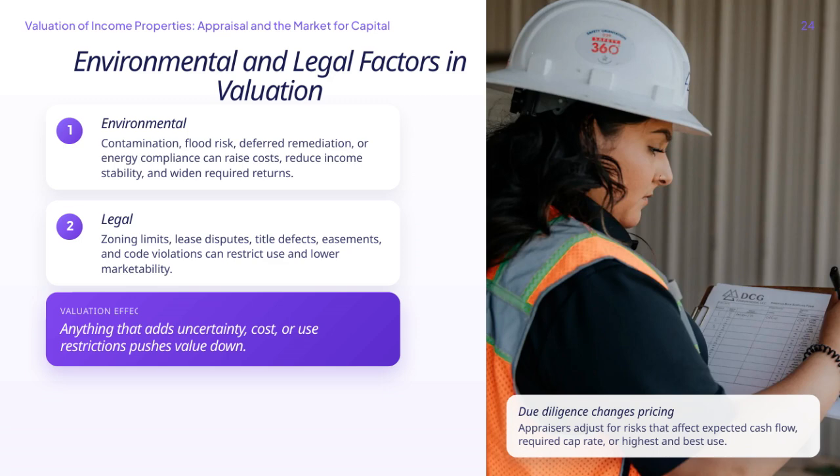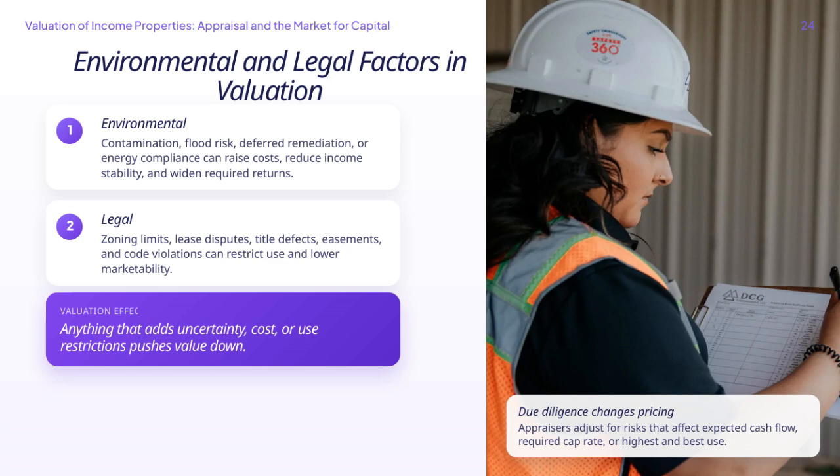On the legal side, things like zoning restrictions, lease disputes, title defects, easements, and code violations can limit how you use the property. These constraints can also make the property less attractive to potential buyers, further lowering its marketability and value. In essence, any factor that introduces uncertainty, additional costs, or use restrictions tends to push the property's value down.